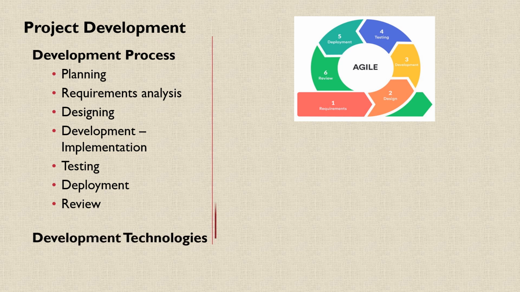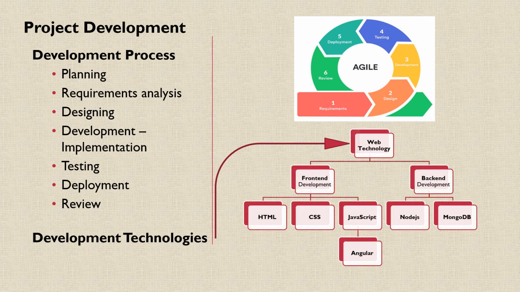So web technology includes two main parts: front-end development and back-end development. In front-end, the team uses HTML to develop the web pages, and cascading style sheets to format the layout of pages and enhance the user interface style.